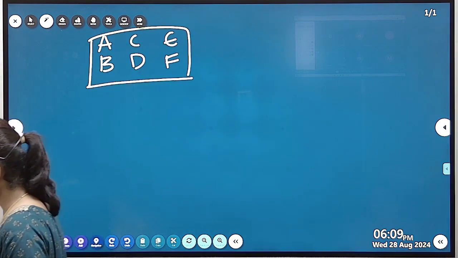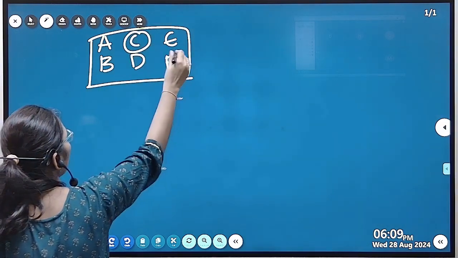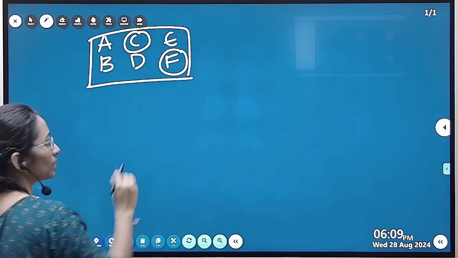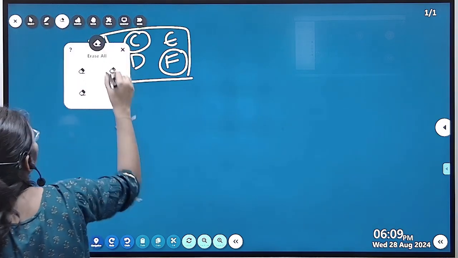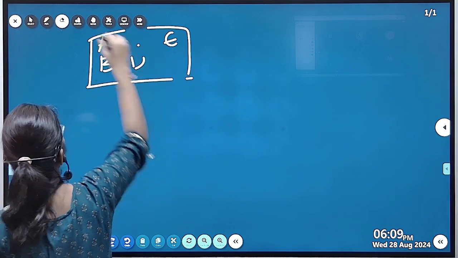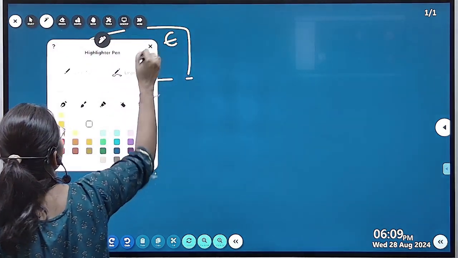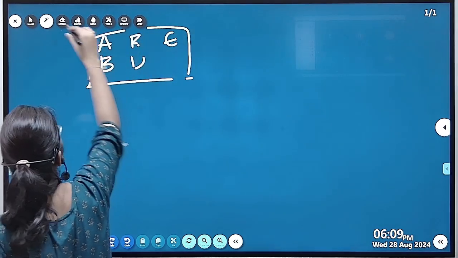Now they are saying they want to change the C and F places. But first we'll do one question, then after I will do the changing layout.